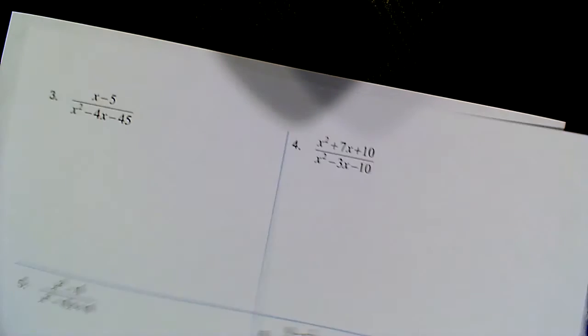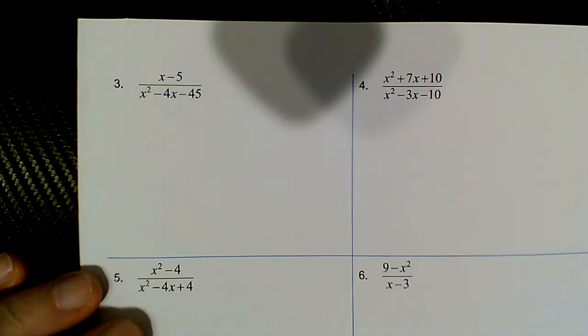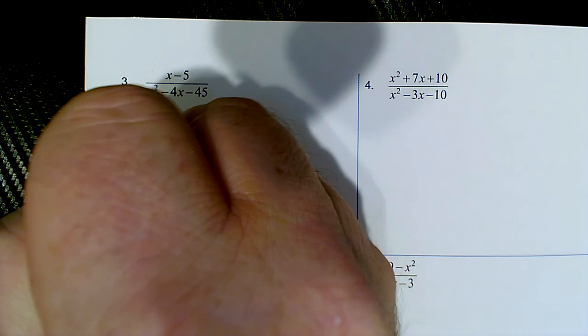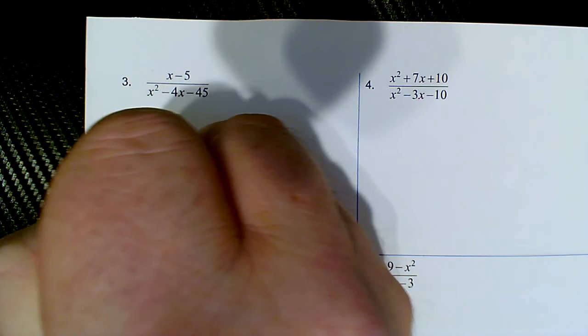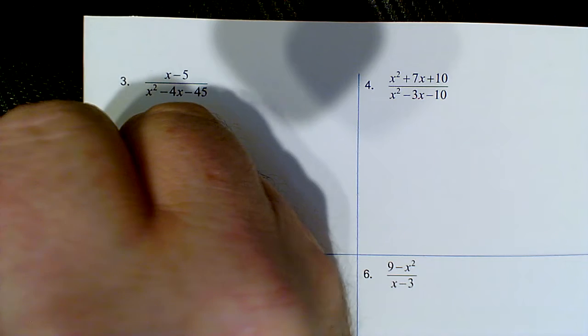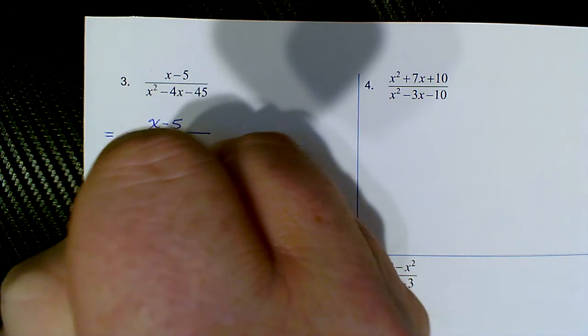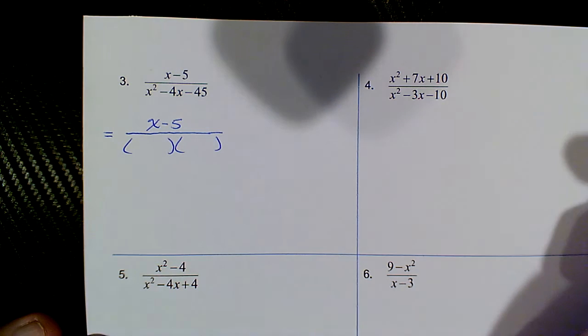So on the next page we finish up with 4 more examples, and we see in question 3 that the numerator is just a binomial, so that's going to have to stay as it is, as x minus 5, but the denominator is a quadratic trinomial, which we anticipate will be factorable into the product of 2 binomials.